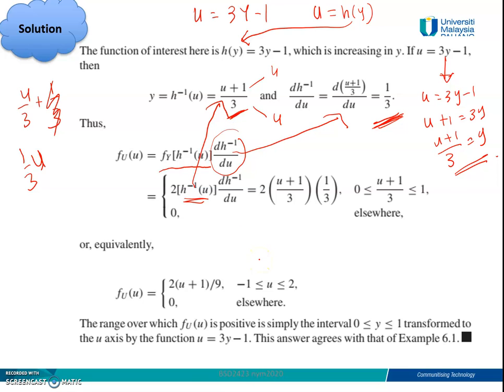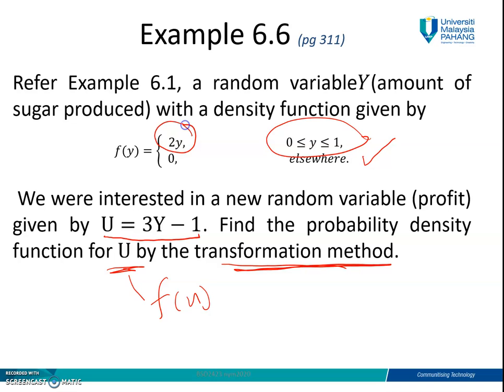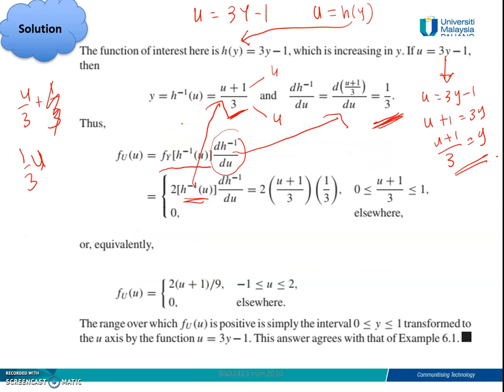From the density function you have 2y, so that becomes 2 times u plus 1 over 3, and then you differentiate, you get 1 over 3. When you simplify, you will get 2 times u plus 1 divided by 9.